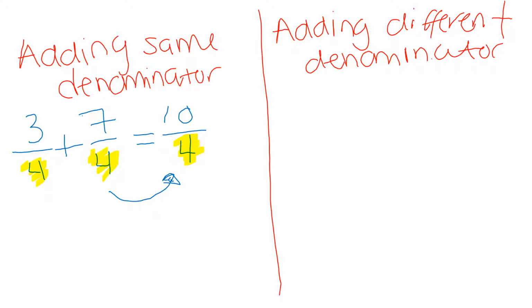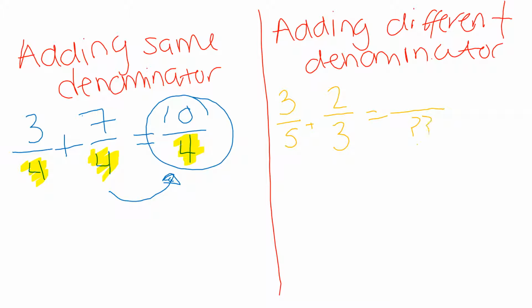All right. So now we're going to talk about a little bit of a lengthy subject: adding different denominators. Let's have 3/5 plus 2/3. Obviously, I don't have a denominator I can carry over as nicely as I was in the opposite problem.